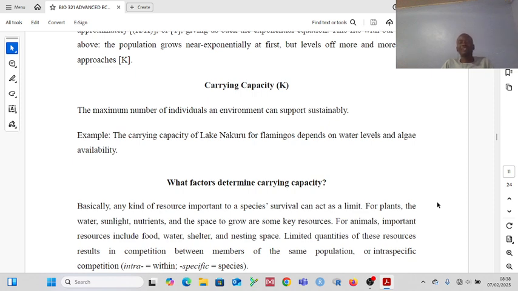So if you are defining carrying capacity, remember it's the maximum number of organisms that a given environment or ecosystem can support in a sustainable manner. Sustainably meaning the environment can keep providing for the organisms that are relying on it without external support.